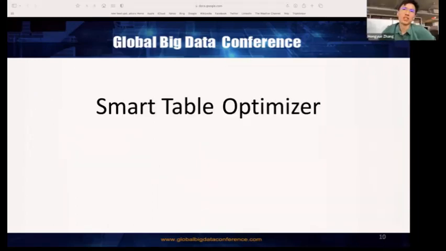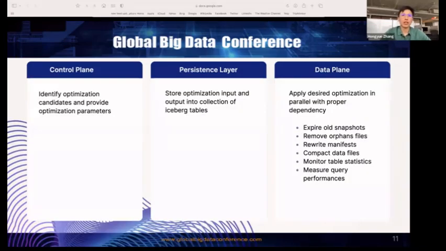Thank you, Raj. So we're trying to solve the problems above with our smart table optimizer. It's our in-house solution built to manage Iceberg tables at scale. In the next few slides, we'll talk about it in detail. At a high level, you can think of the system in three components: a control plane, a persistent layer, and a data plane.